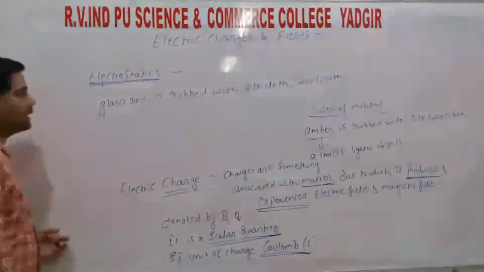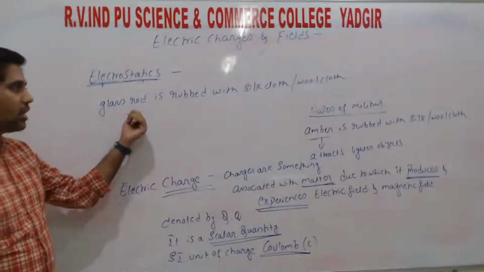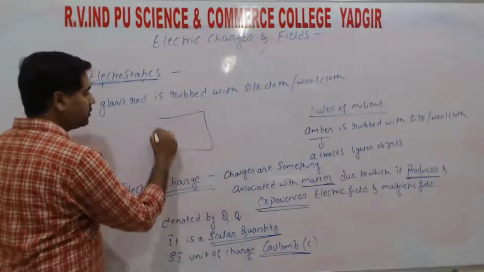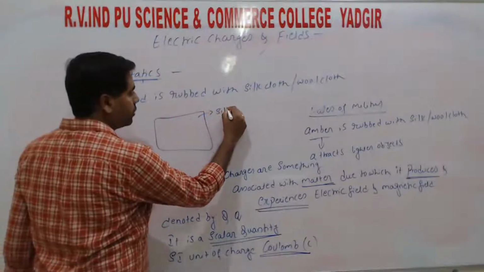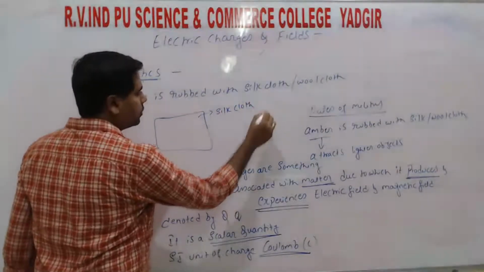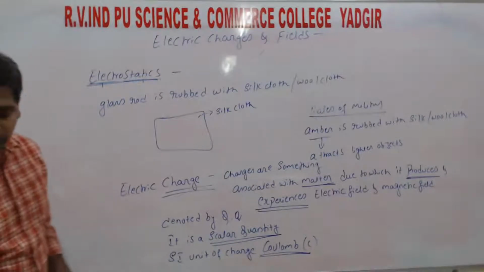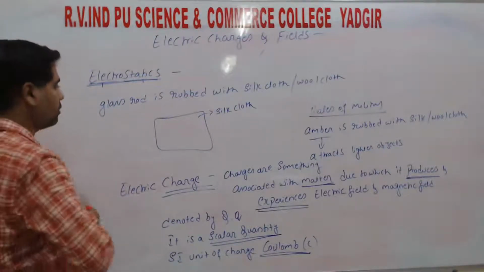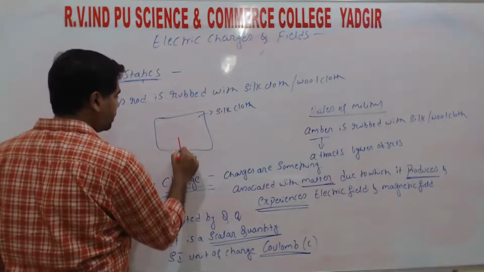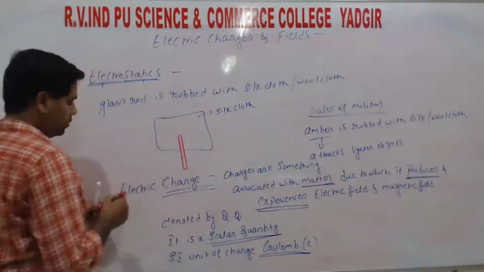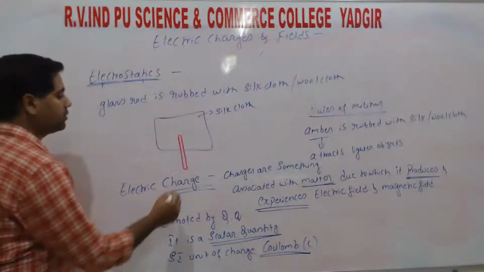So here, taking one glass rod, it is rubbed with the silk cloth or wool cloth, right? If we consider this one as the silk cloth, and this one as the glass rod.